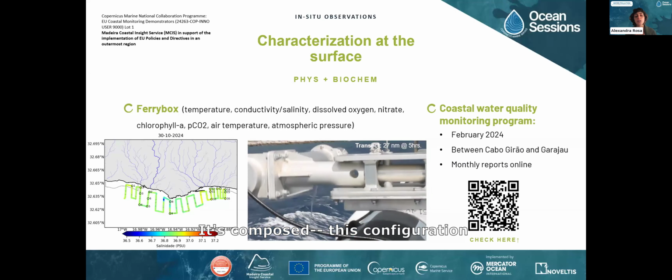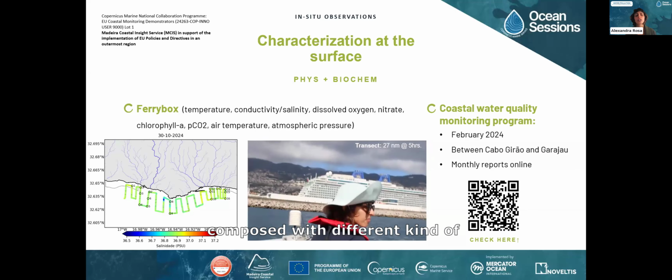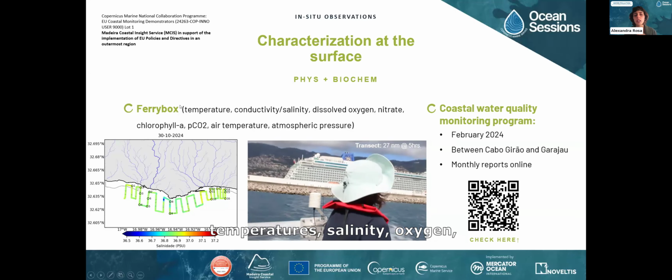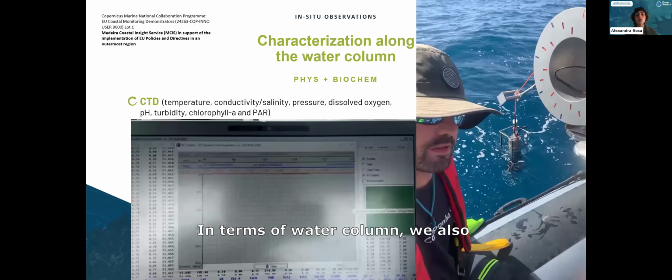This configuration is more compact for small boats, but is composed of different kinds of sensors that allow us to measure temperature, salinity, oxygen, chlorophyll A, and so on. And we produce monthly reports available online on the Oceanic Observatory of Madeira website with the preliminary datasets.